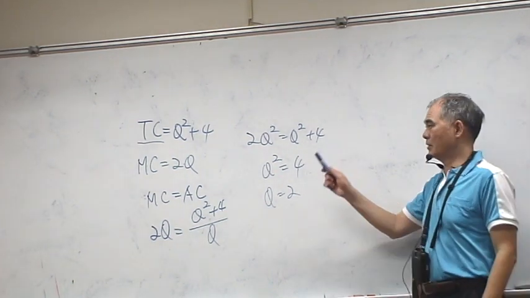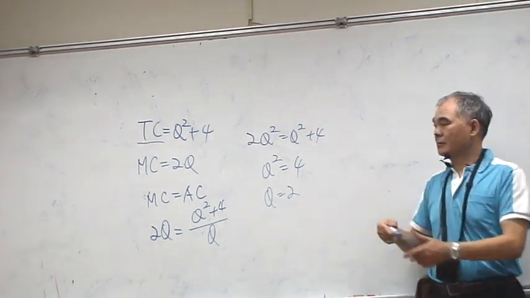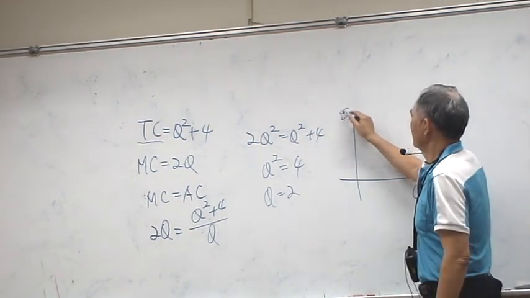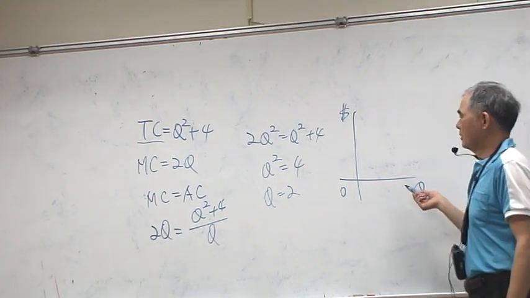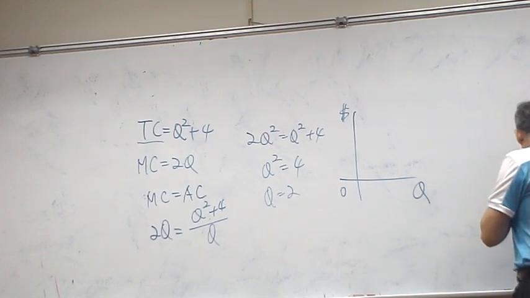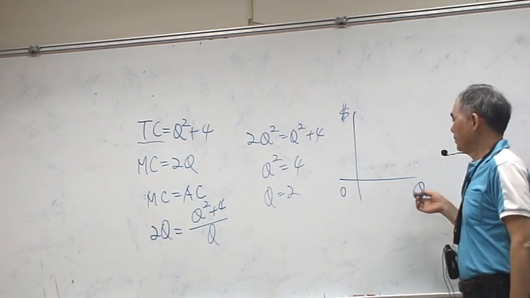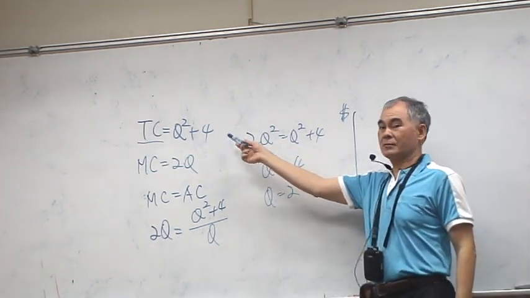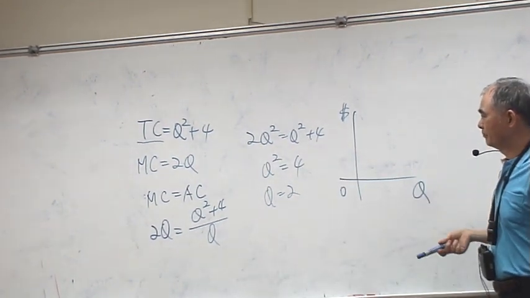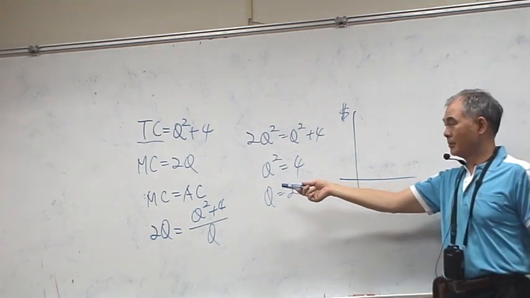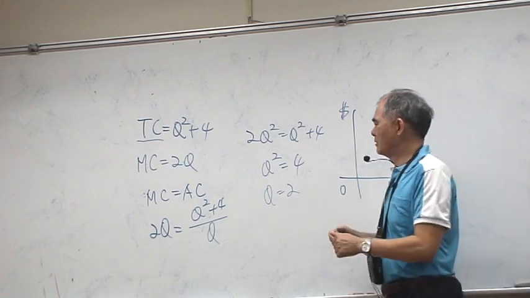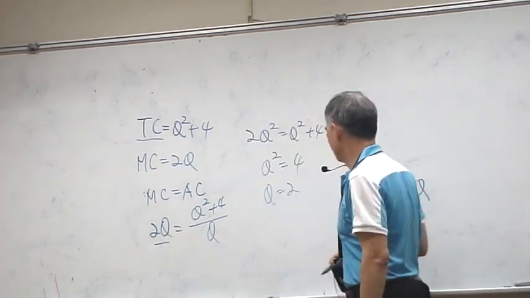So you just plug in all the numbers that you can get. So here you have Q, here you have cost, right? You plug in Q, and then you can get the cost, okay? And so you will be able to find out what would be the average cost curve and also the marginal cost curve. Marginal cost should be easy, right? Because it's equal to 2Q, okay?